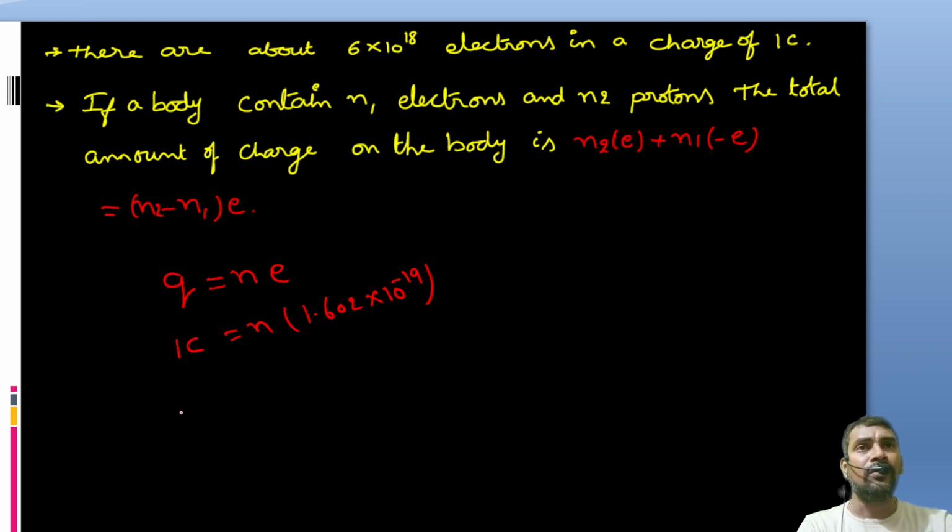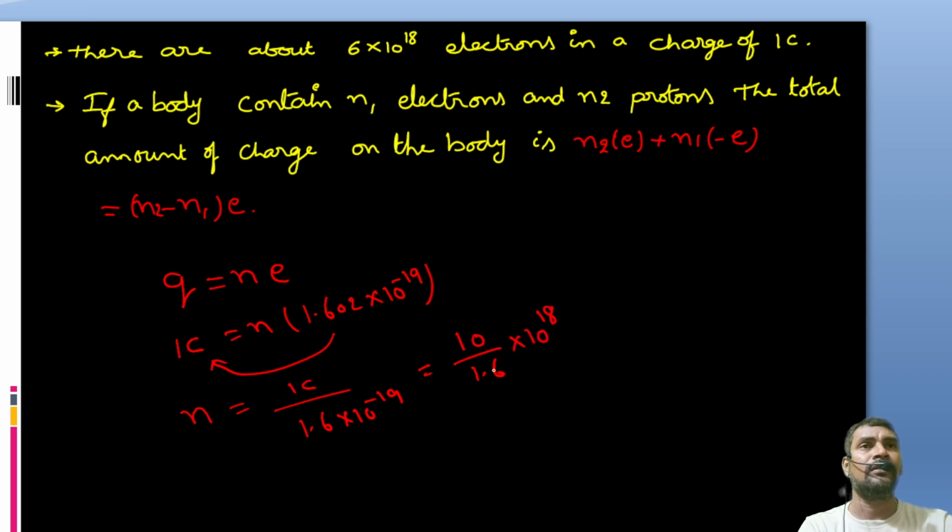Now if I want to know the number of electrons N, bring this to the other side. Then N is 1 coulomb divided by 1.6 into 10 to the power of minus 19. This can be written as 10 divided by 1.6 into 10 to the power of 18.